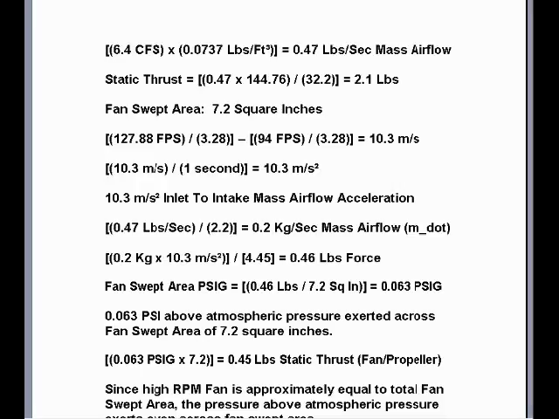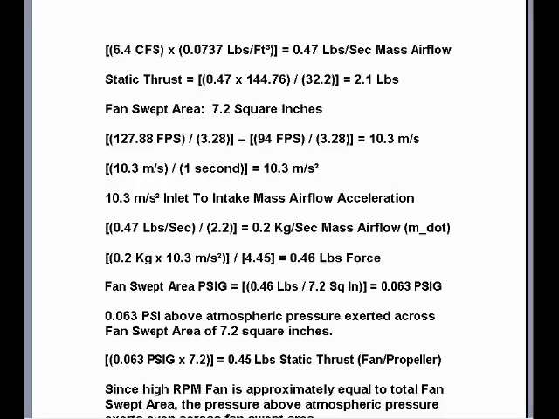And then we just simply use the force is equal mass times acceleration component, and we can calculate 0.2 kilograms times 10.3 meters per second squared divided into 4.45, the number of newtons to 1 pound, equals 0.46 pounds force distributed across the fan disk area of 7.2 square inches.